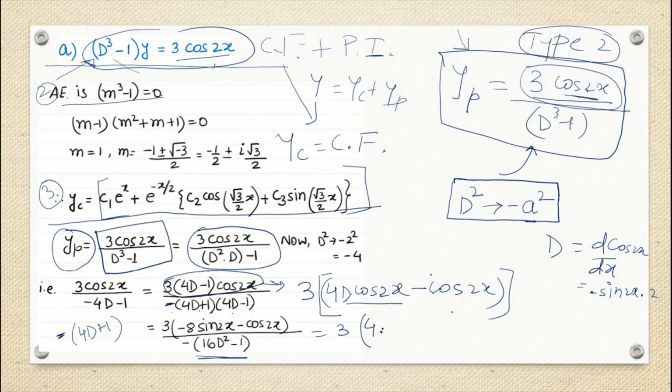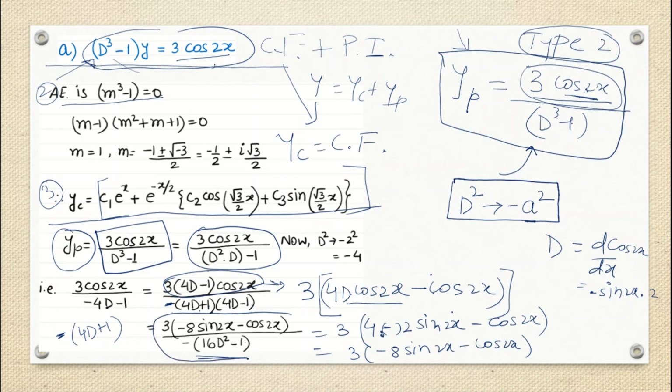So this term is done. That means you are free of D. You have just done the work on D. Minus, as it is, I am just writing down cos 2x. Okay. So what does it mean? This is 3 just taken outside, and this is minus 8 sine 2x minus cos 2x, and the same thing is present here also.